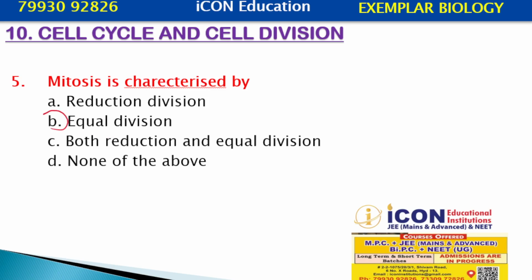Equal division, this is the correct option, because mitosis is also called equational division, because the number of chromosome in the parent cell and daughter cell remains the same. Equal distribution of the content will be there in mitosis. So mitosis is characterized by equal division.